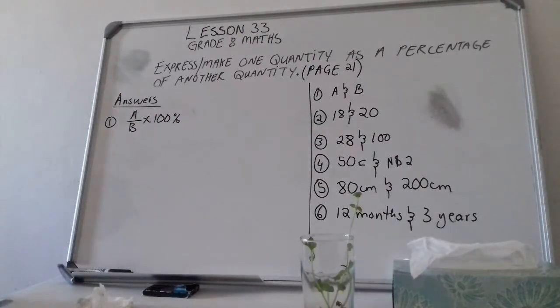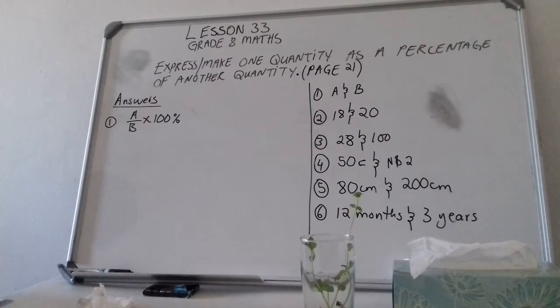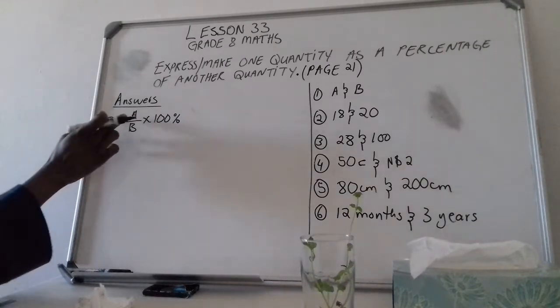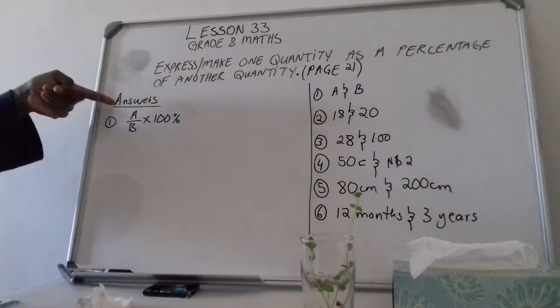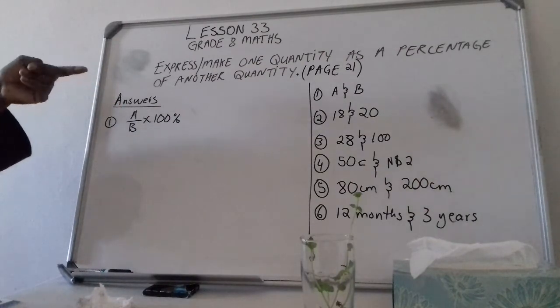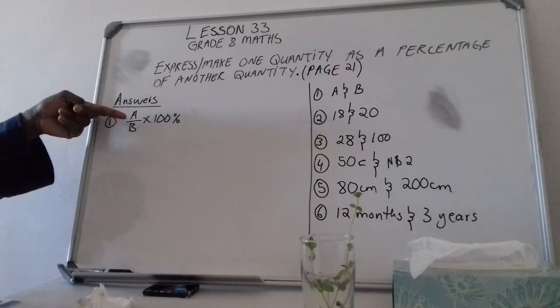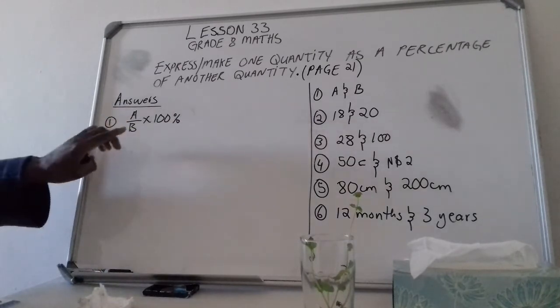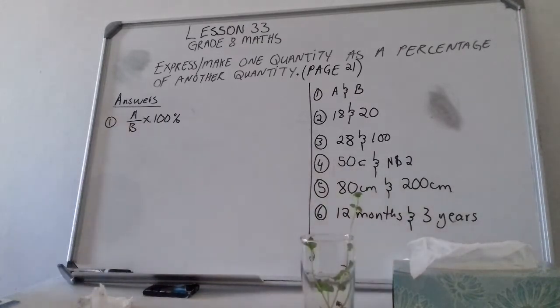The learners that have a study guide, the steps that you need to follow when answering such questions are written in the study guide. So please just follow the steps on page 21. Since we don't know what A and B are, we can just leave it like this. I'm just showing you that if you are asked to express A as a percentage of B, you just need to say A divided by B, then you multiply by 100%.